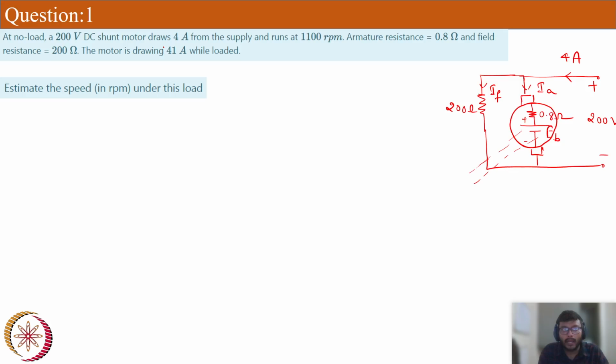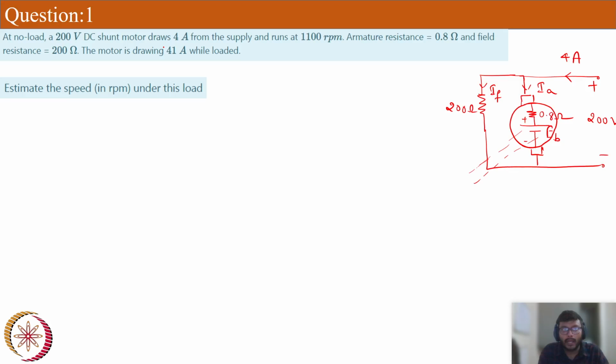Now let me find armature current. Can someone tell me what my armature current is in no load condition? Supply current minus field current. Correct. Since it's a parallel connection, you have the line current minus IF1.